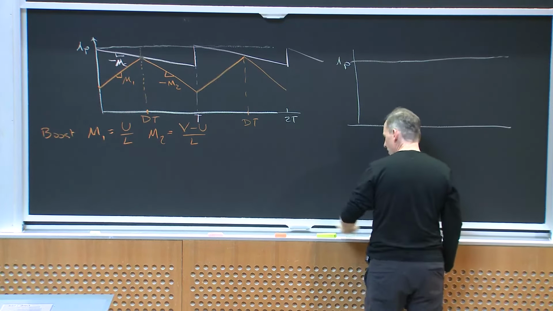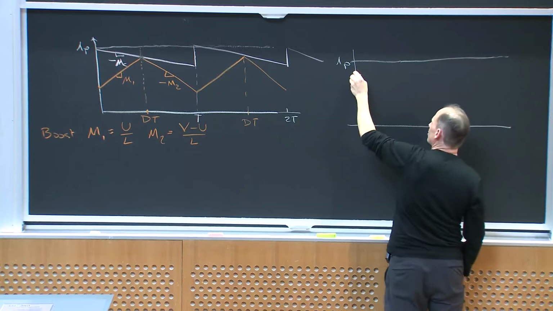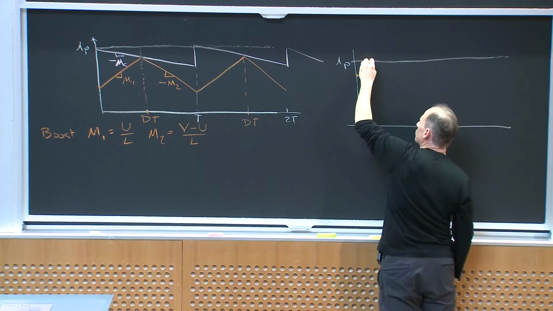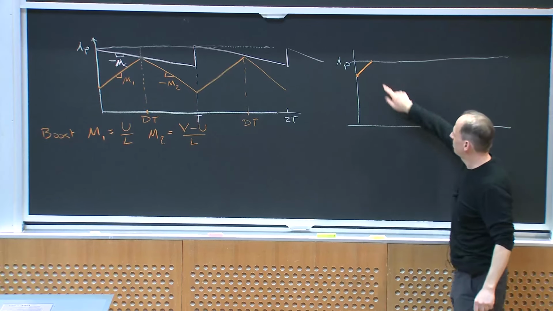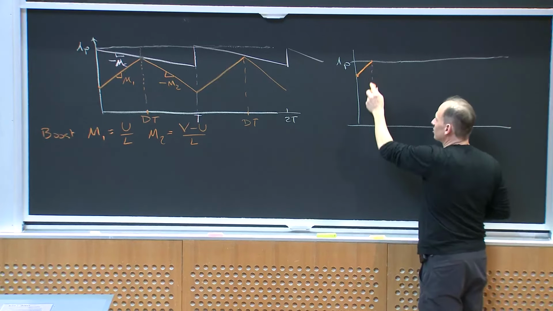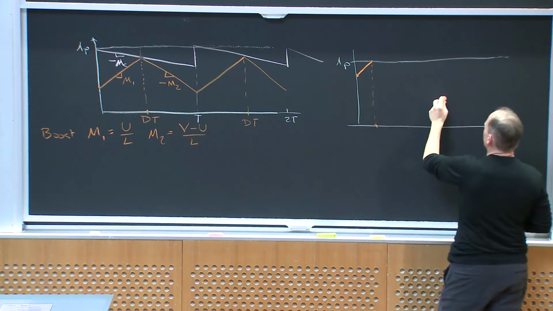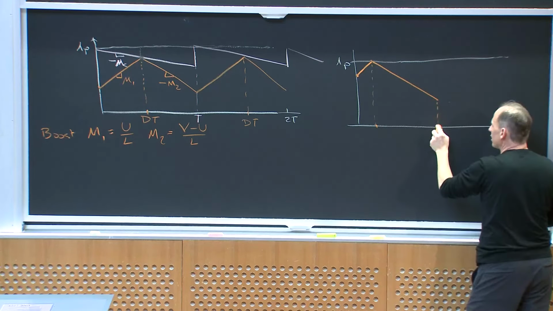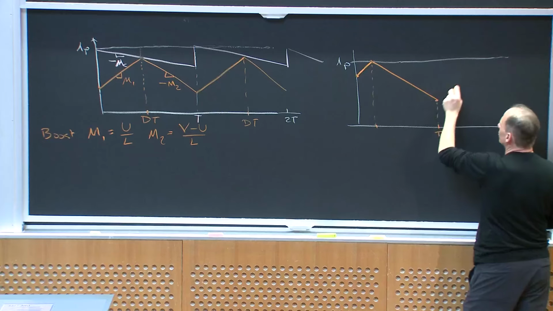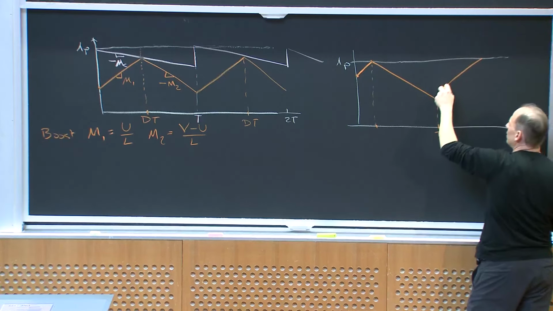Okay? So I'm at the beginning of my cycle, and here's my inductor current. I turn on my switch, I go up and I hit the top, and I trip. So this is my duty ratio in this cycle, and I turn off till the end of the cycle. And here's the end of the cycle, here's capital T. And now I turn my inductor current on, and it ramps up.